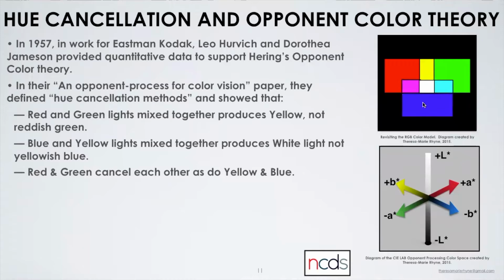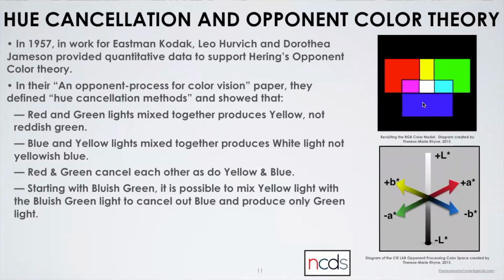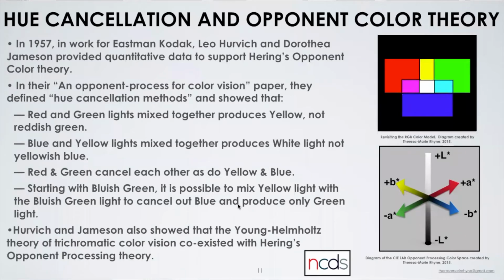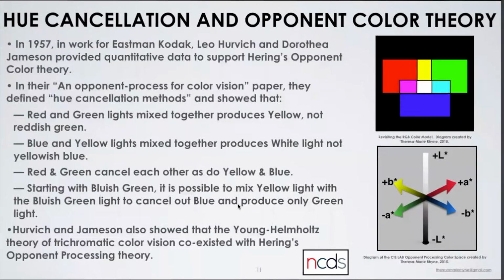So red and green cancel each other, as do yellow and blue. You can start with a bluish green and add light to cancel out the blue light and produce only green light. This was critical in trying to understand how cameras work in camera culture, actually in the late 1950s, early 60s. And now we can sort of see this when we have projectors and display devices.